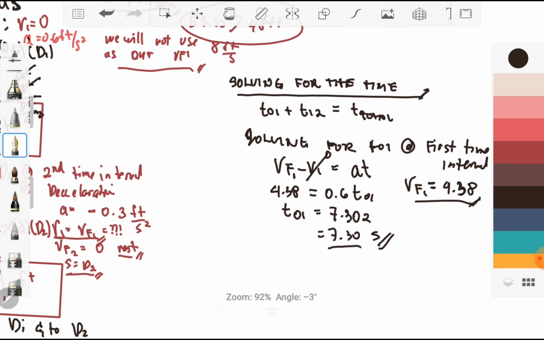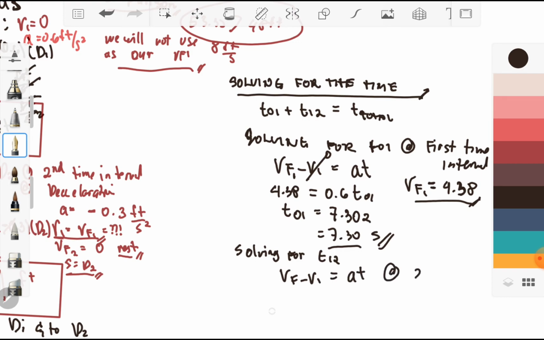So solving for T12, you will have Vf less Vi is equal to at.